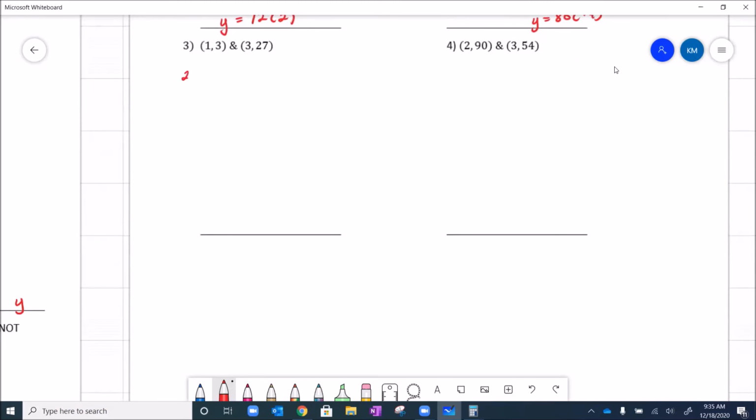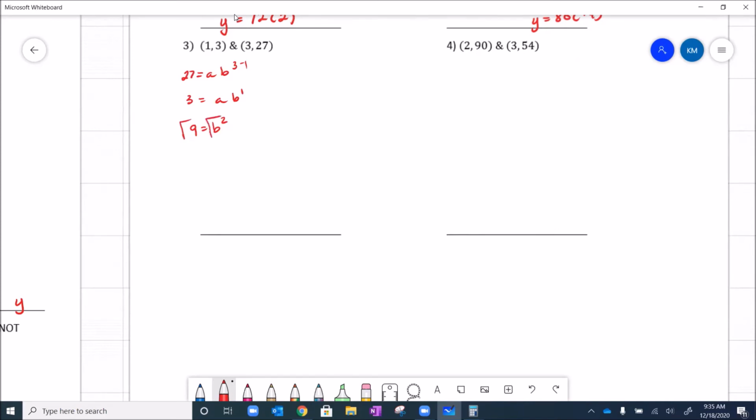I've got 27 on top equals a times b to the x. 3 on the bottom equals a times b to the, oops, I said x and it should be 3. All right, divide our function. 9 equals b squared. Okay, I have b squared. I need to find out what b is because it's squared.